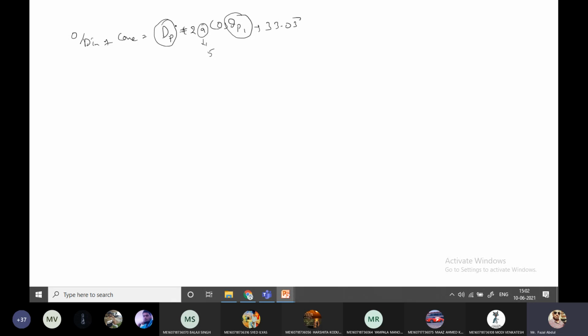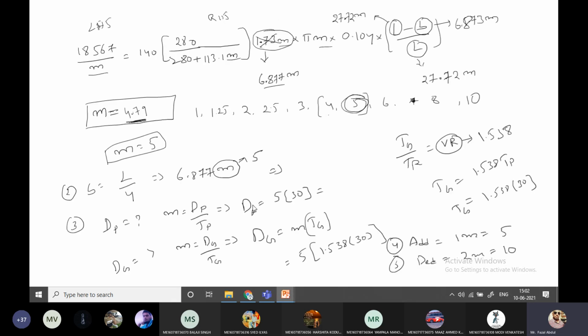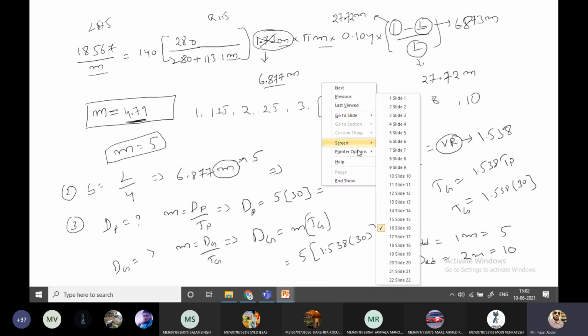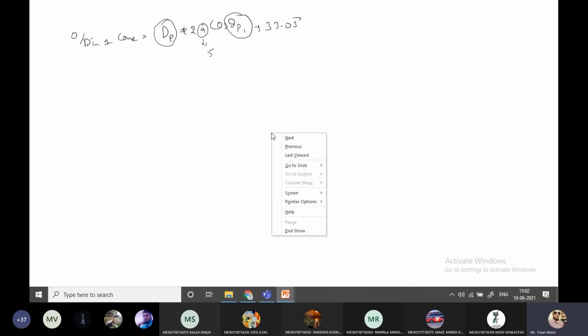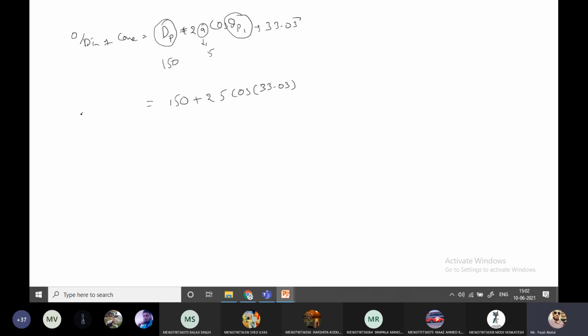Dp, the diameter of the pinion, is 150. So this is 150 plus 2 into 5 into cos 33.03. This is the outside diameter of the cone.